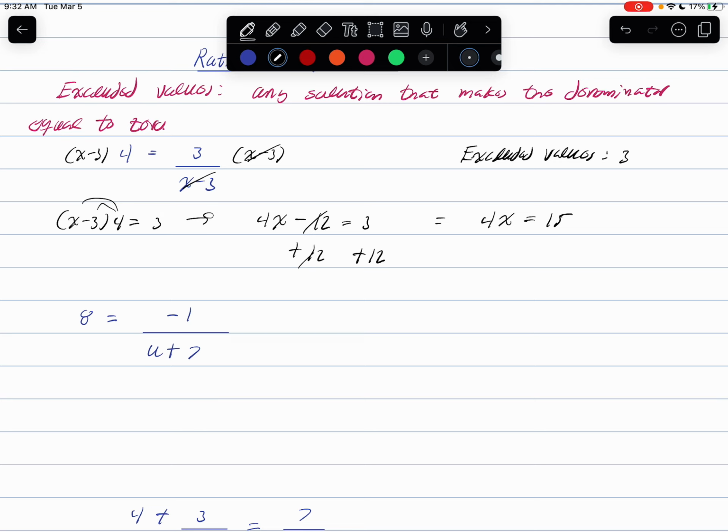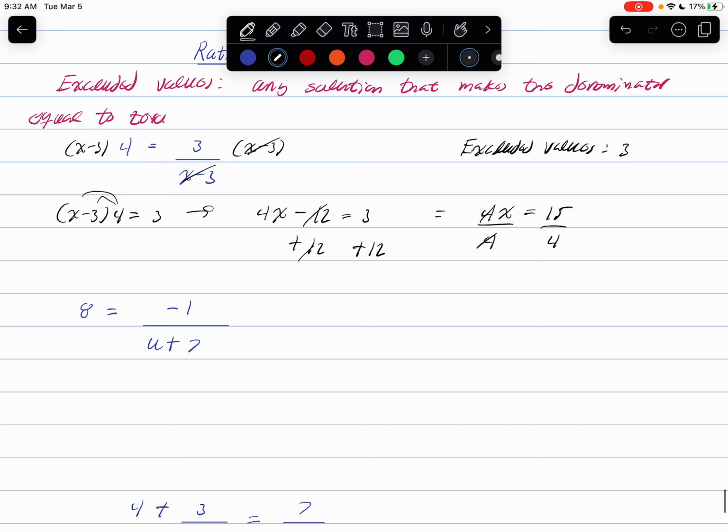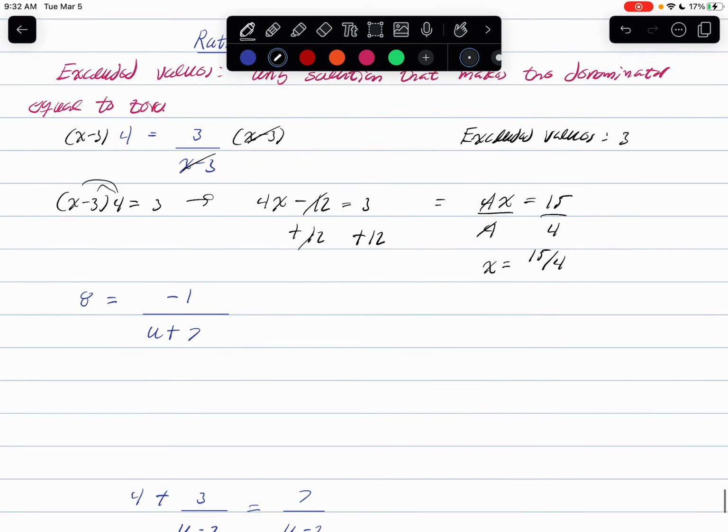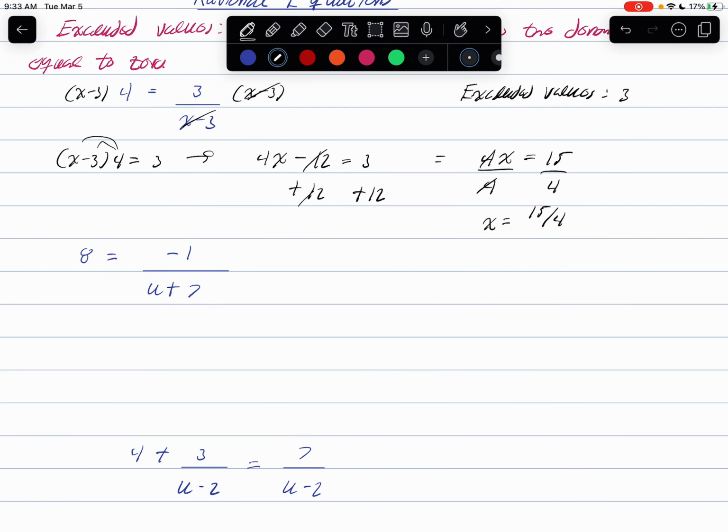And now we can go ahead and divide both sides by 4. So we get x is equal to 15 over 4. Okay, so there we go. x is equal to 15 over 4.